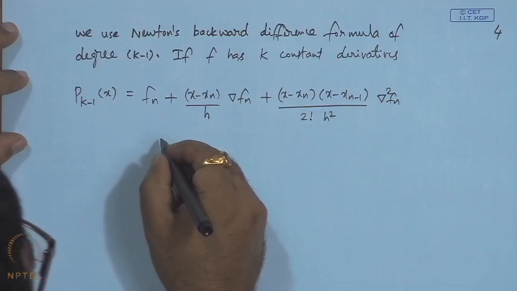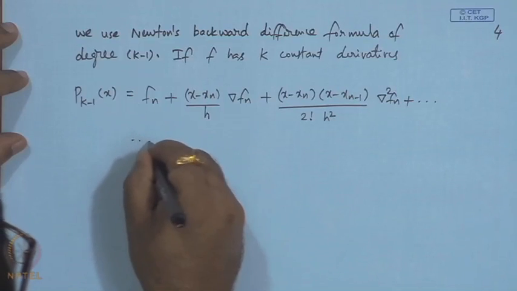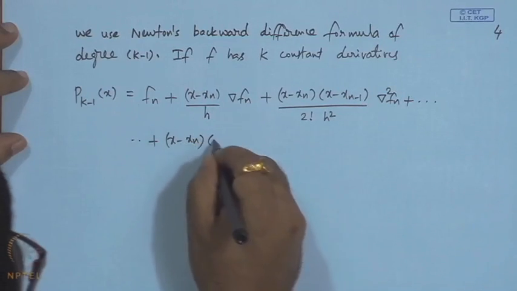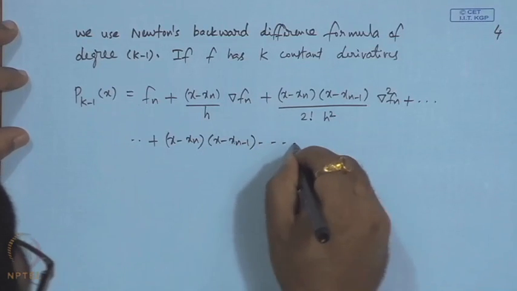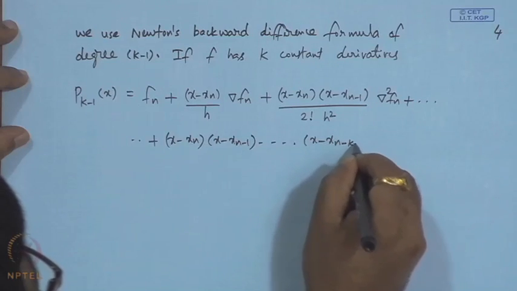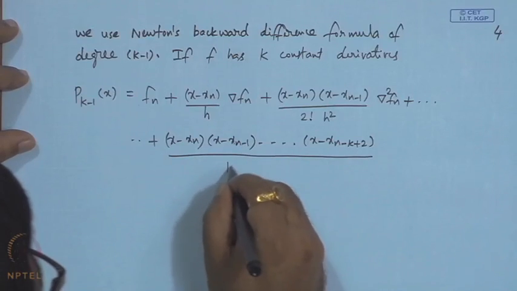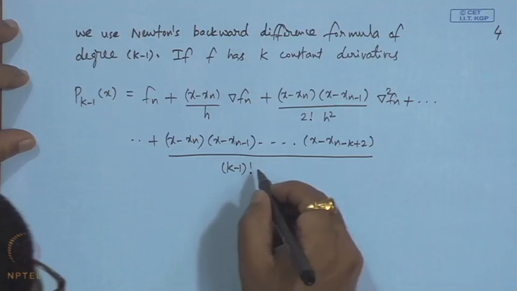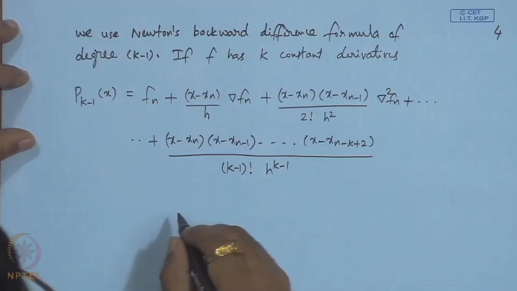plus, and so on, up to the term with x minus x n, x minus x n minus 1, down to x minus x n minus k plus 2. This is the k minus 1 term, with h power k minus 1.